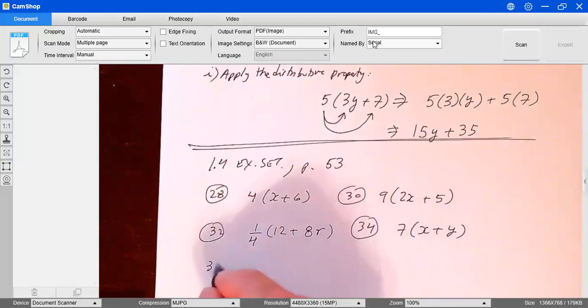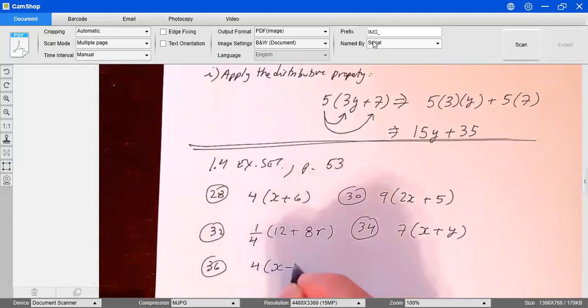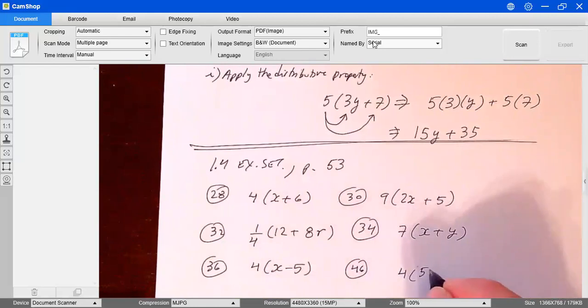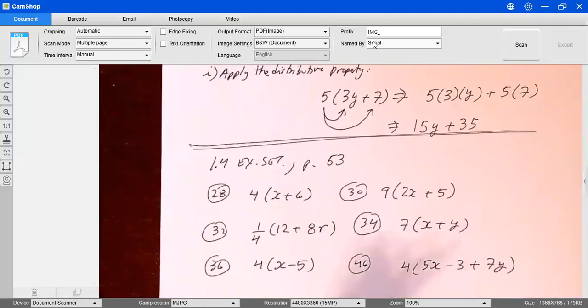Then we have 36, where 4 multiplies x minus 5. And finally, 46, where 4 multiplies 5x minus 3 plus 7y. So you're going to solve these problems.